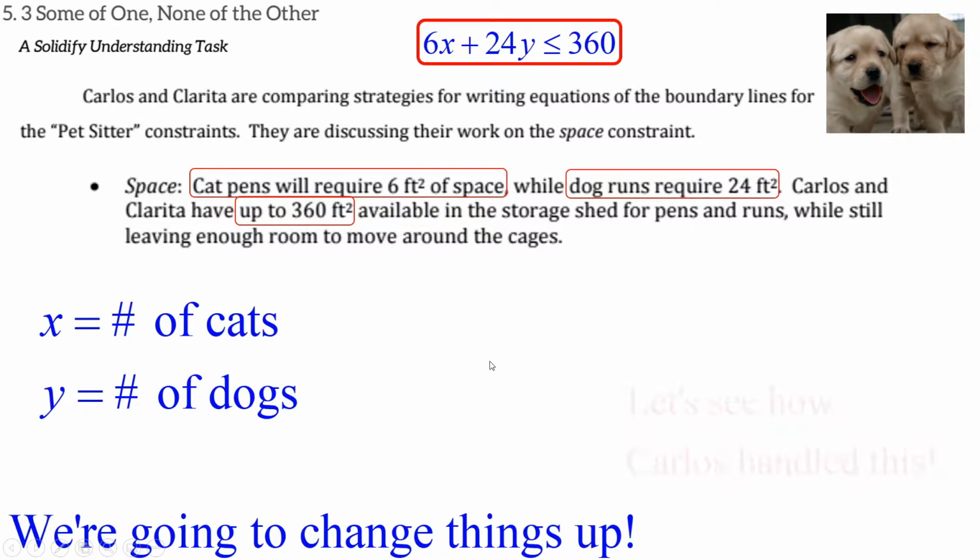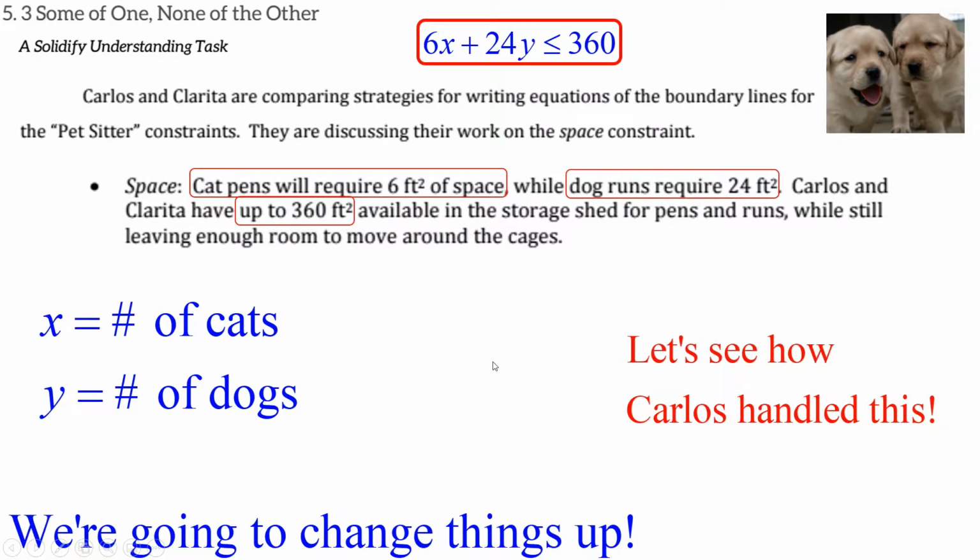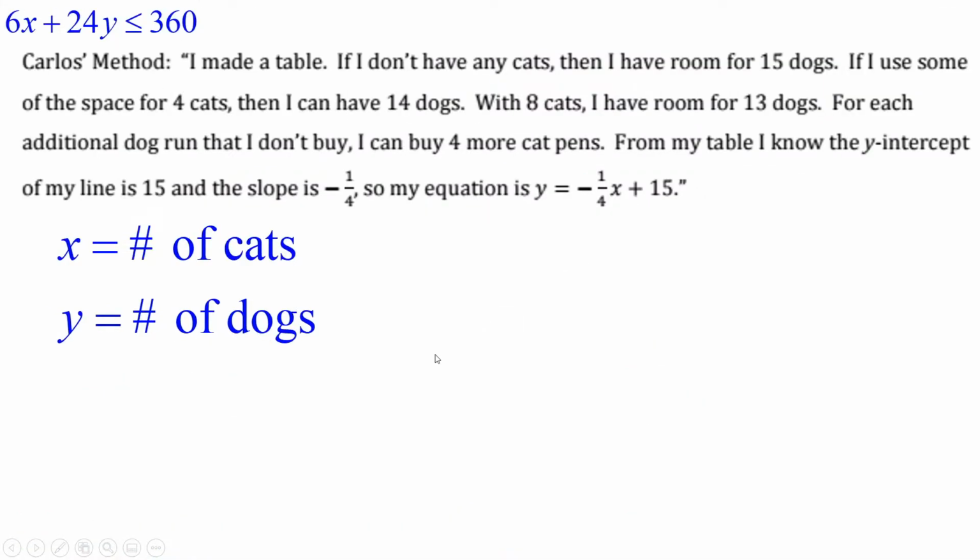All right. Let's see how Carlos handled this. So Carlos is going to then, remember, how is he going to create a boundary line for this constraint right here? All right, so Carlos's method, I made a table. So Carlos is going to do a table, and his table is actually going to have 3 columns.